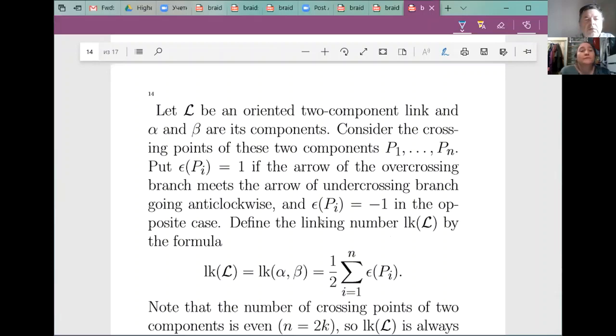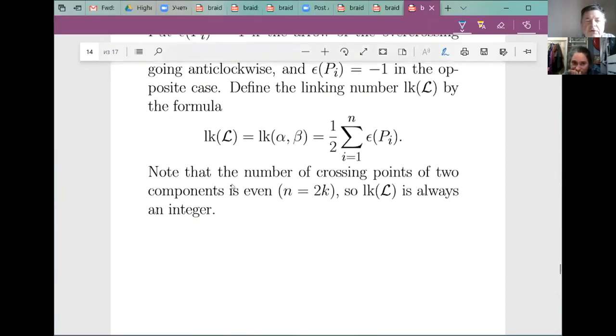So now let us consider that our link has two components, or it may have many components, but you just fix two of them and look how they are related. So let us consider the components alpha and beta and consider the crossing points, and let them be oriented.